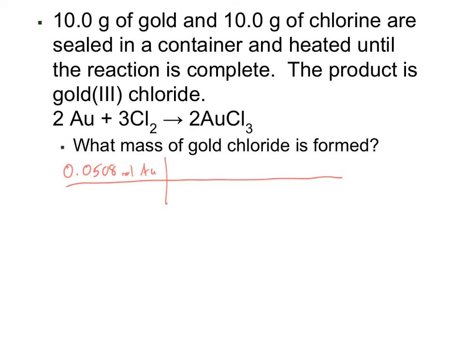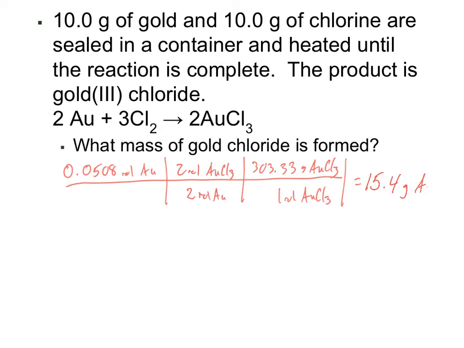We see from our balanced equation that for every 2 moles of gold 3 chloride formed, we start with 2 moles of gold, and then we use our molar mass of gold 3 chloride to convert to grams. For a calculated theoretical mass of gold 3 chloride of 15.4 grams.